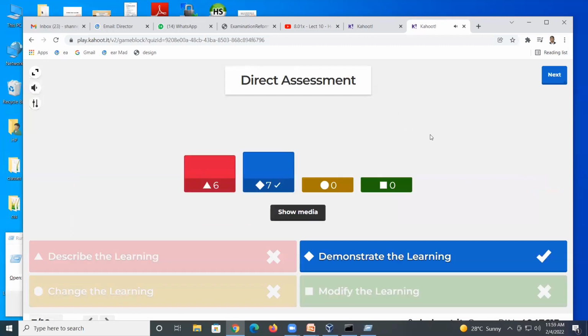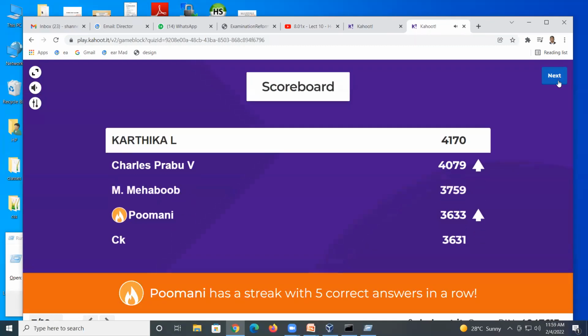Wonderful, it is demonstrate. Describing is experience; demonstrating is showing the content. Very nice. I have not exactly used the word.